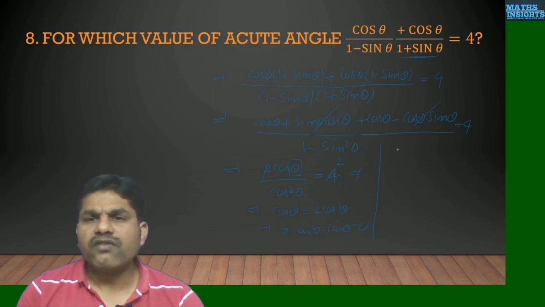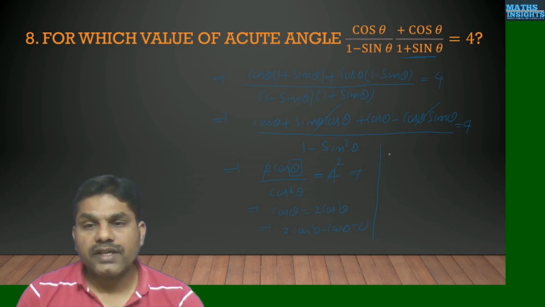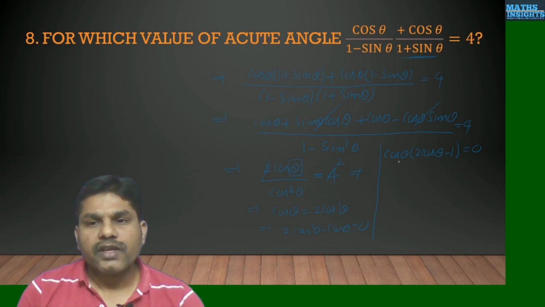Very important and very simple also, if you think about it logically. I take cos theta common, therefore I get cos theta into (2 cos theta minus 1) equals 0. Two factors. If you had cancelled cos theta, you would not get cos theta equals 0. You get two solutions: cos theta equals 0 and 2 cos theta minus 1 equals 0.